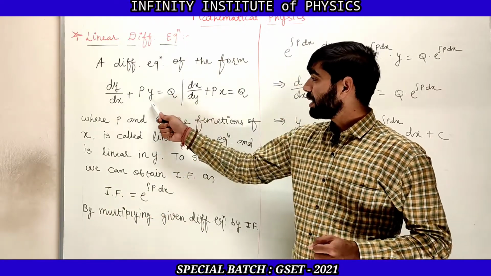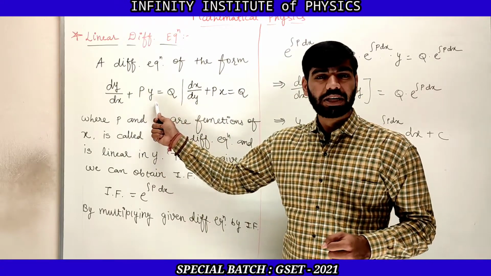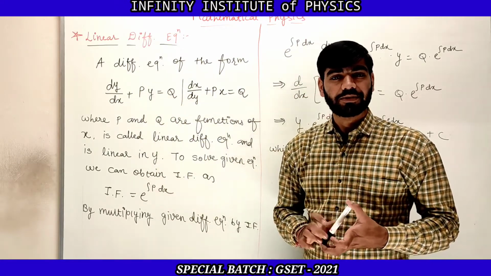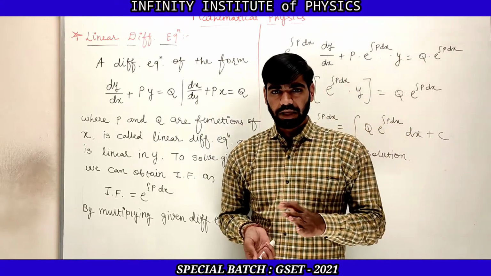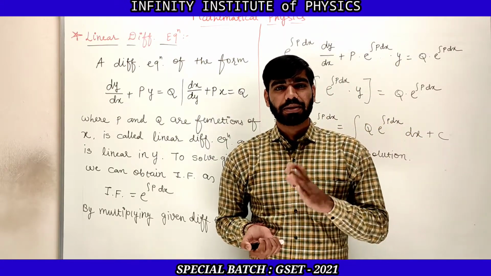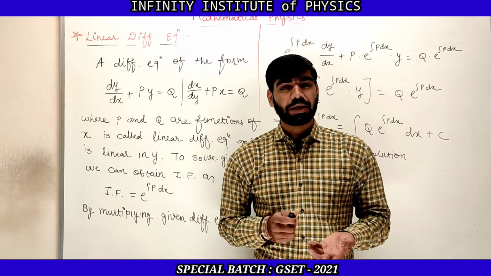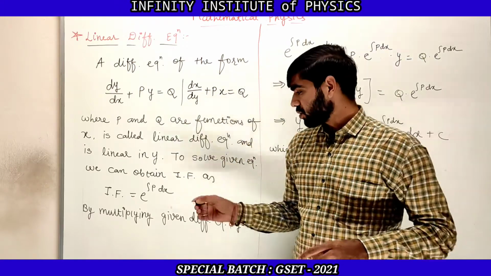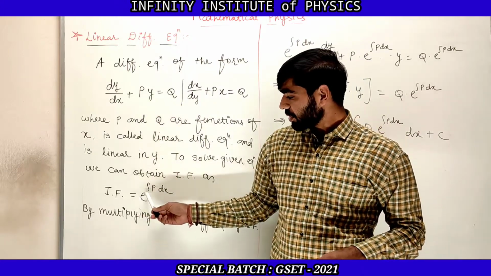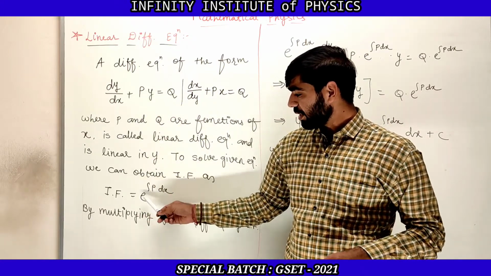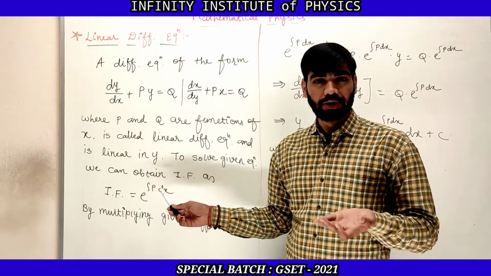What is P? P is the coefficient of y in the given differential equation, which is a function of x, and it can be a constant as well. It is not compulsory that it is a function of x only. So we take the integration of P and put it into the exponential power.